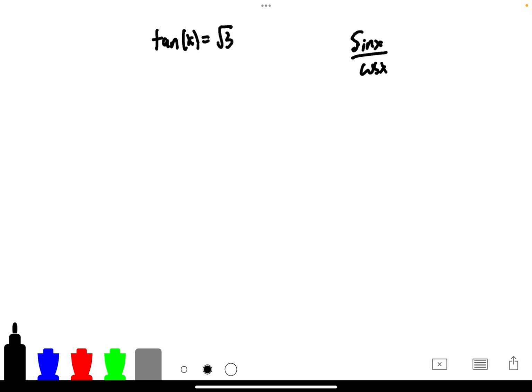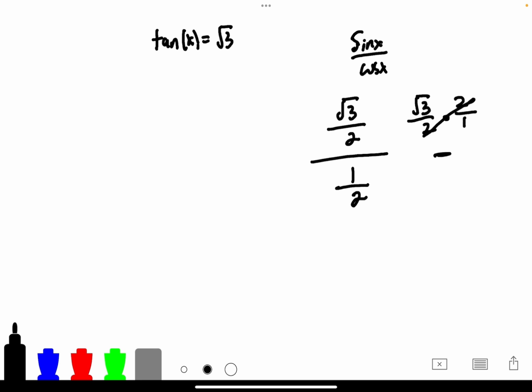However, which y over x would it be? So visualize how the reciprocal of 1/2 would cancel out the 2's, leaving you with root 3. So root 3 over 2, and say you had to divide by 1/2. To cancel these 2's, you would multiply by the reciprocal to cancel out the 2's, leaving you with root 3.